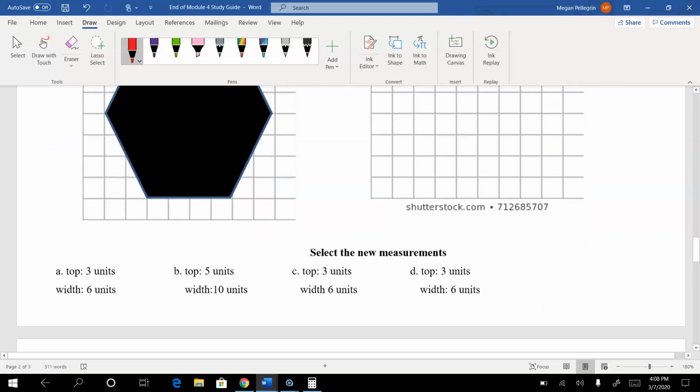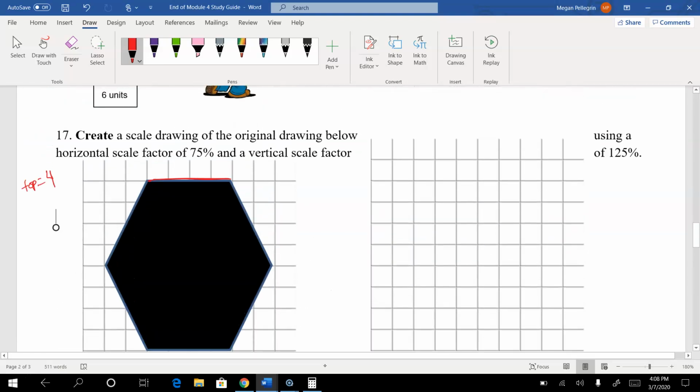And I'm also looking at the width. 1, 2, 3, 4, 5, 6, 7, it looks like. Okay, let me count better here, where it's not black. To here. 1, 2, 3, 4, 5, 6, 7, 8. So the width is 8.